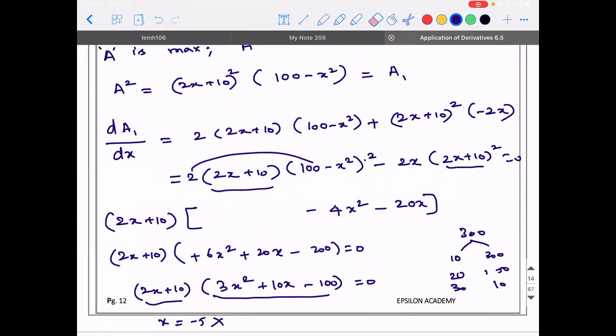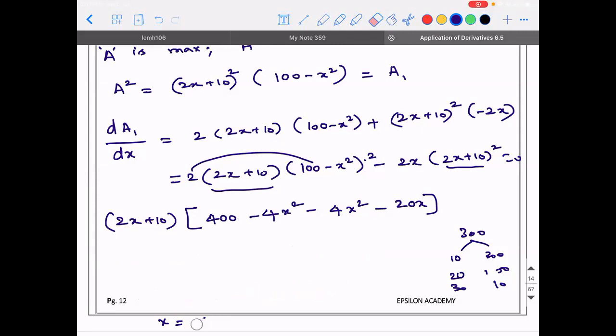Then what will happen? It will become 400 minus 4x square. Now is it right? 400 minus 4x square. Now then this whole thing: (2x plus 10) into minus 8x square minus 20x plus 400 is equal to 0.